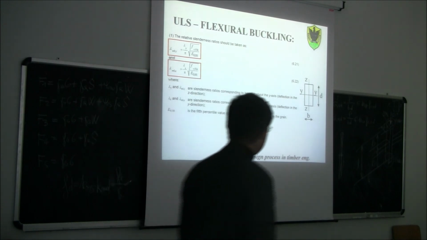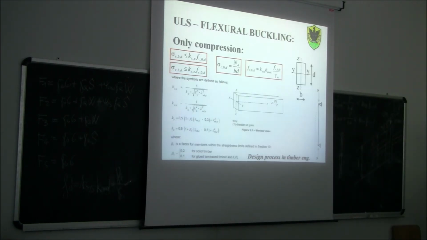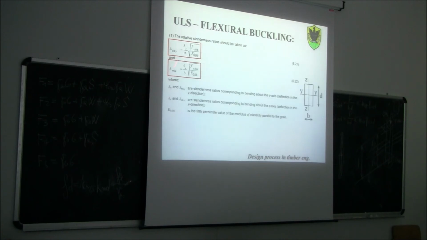So basically, k_cy is given by this relationship, k_y is given by this relationship here, and both depend on the relative slenderness ratio. The relative slenderness ratio depends on the slenderness ratio, lambda y.